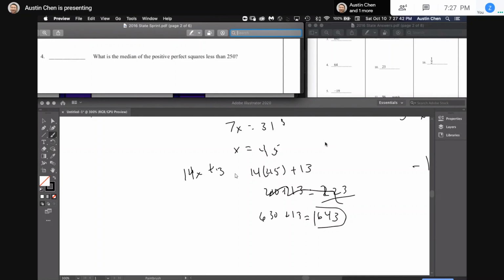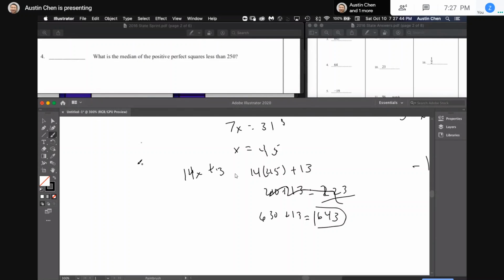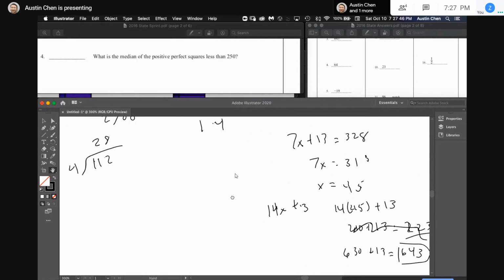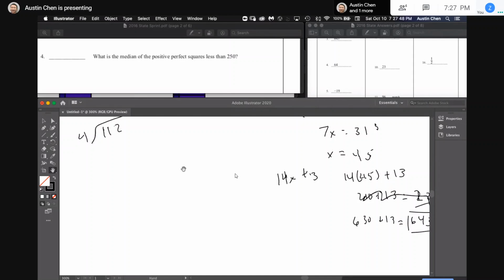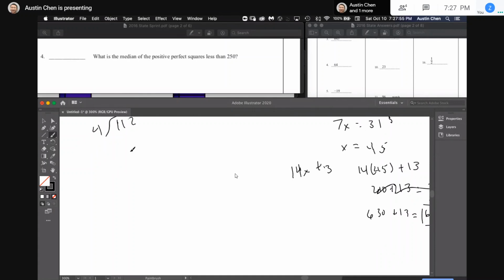Okay, what is the median of the positive perfect squares less than 250? We should find our set of positive perfect squares less than 250, which starts with 1 squared, which is 1, and we should find its ending point.